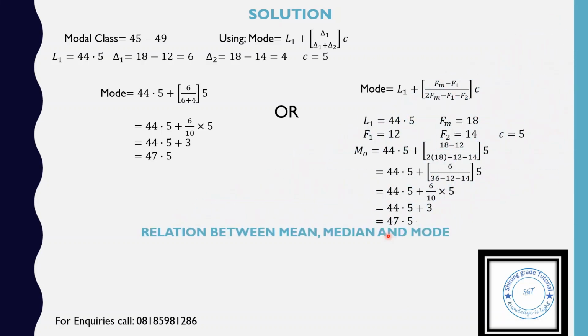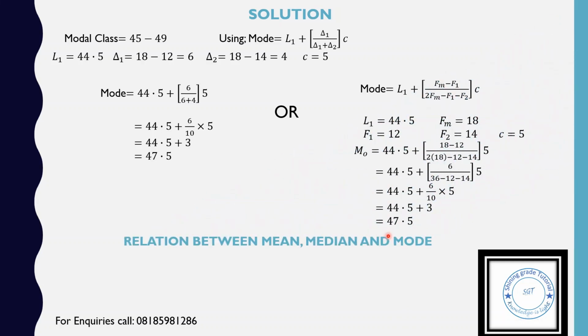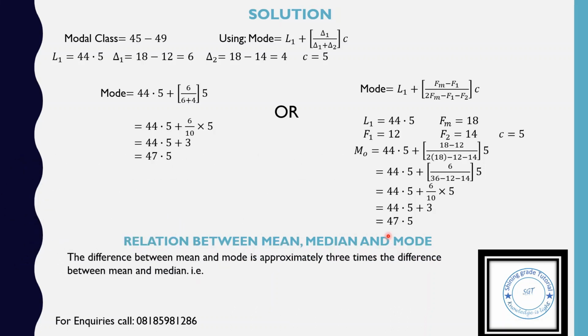Another aspect we can move to now is the relationship between the mean, median, and mode. Empirically, the relation between the mean, median, and mode has been stated to be that the difference between the mean and mode is usually 3 times the difference between the mean and median.